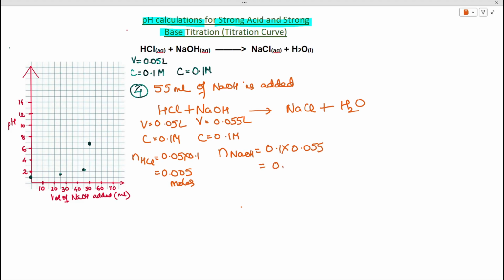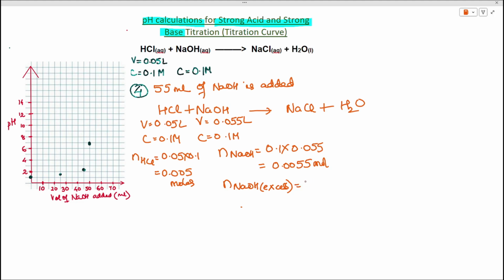So this gives us 0.0055 moles. Now we can see that our HCl is the limiting reagent because it has less moles, being in the ratio of 1:1. So now we'll find the number of moles of NaOH which are in excess, because now this NaOH is going to turn the final solution basic.